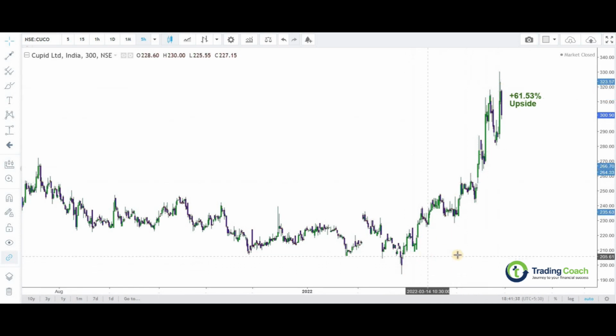All the way from 200 to 325, we can see a nice rally, a nice uptrend in the stock prices. If you ask me how much we might have gained in this uptrend, it's almost 61.53% returns on a single trade.